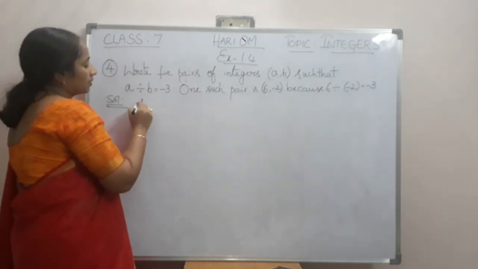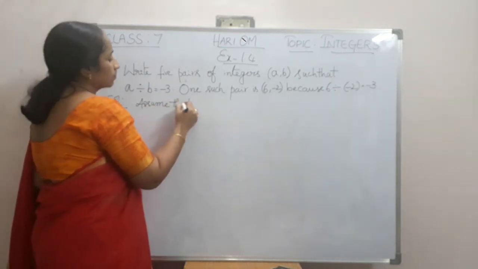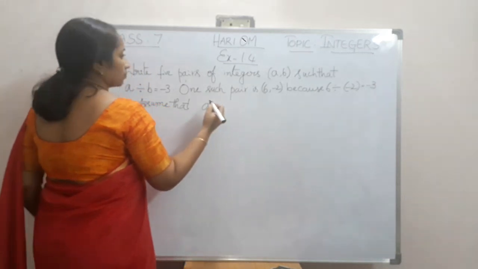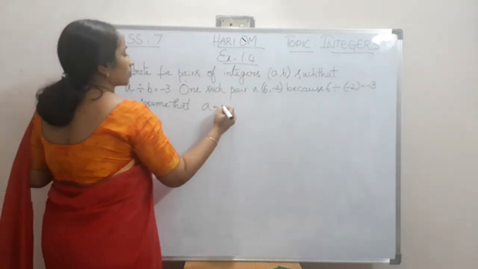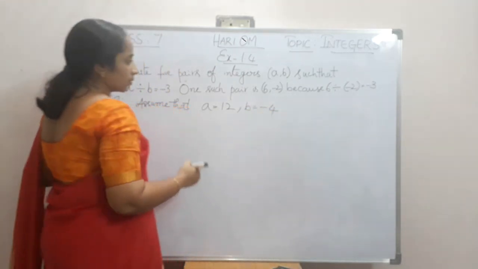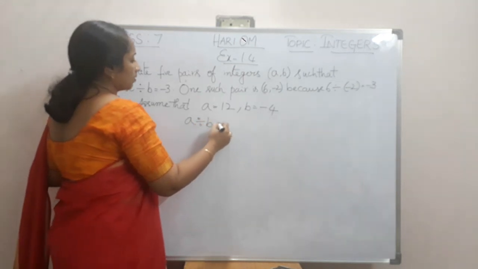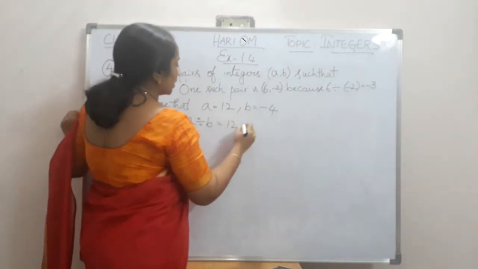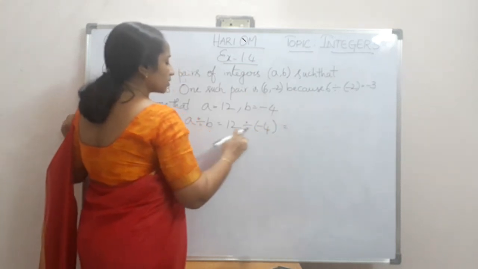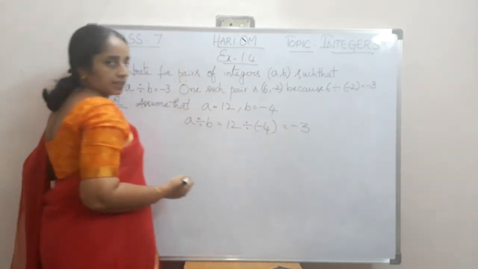Assume that A is equal to 12 and B is minus 4. So A divided by B is equal to 12 divided by minus 4: 4 ones, 4 threes, so it is minus 3.